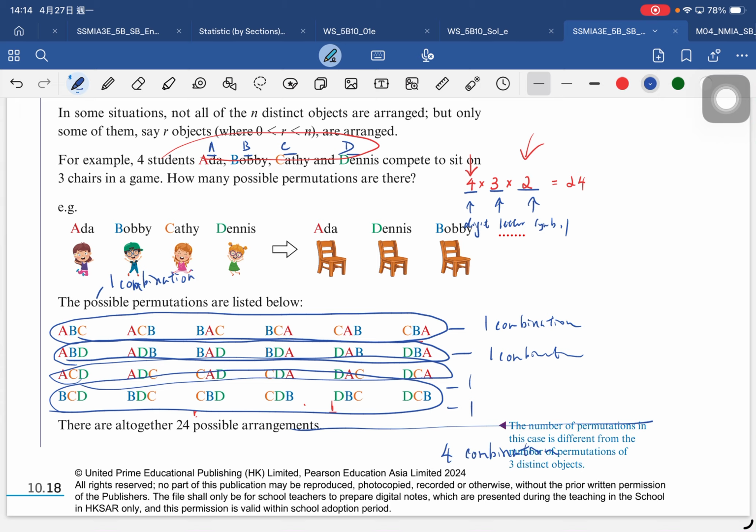Any problem? If you don't have problems now, I have shown you the use of it. Now refer to this example in your textbook. Open your textbook, example 10.15. Get ready now.